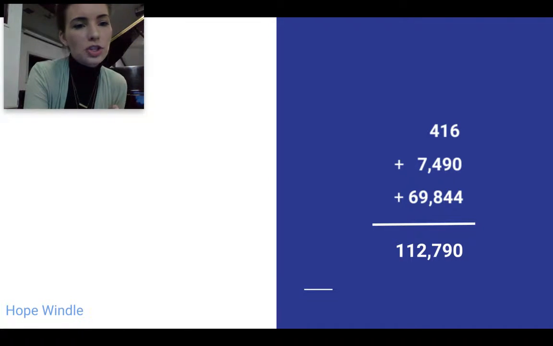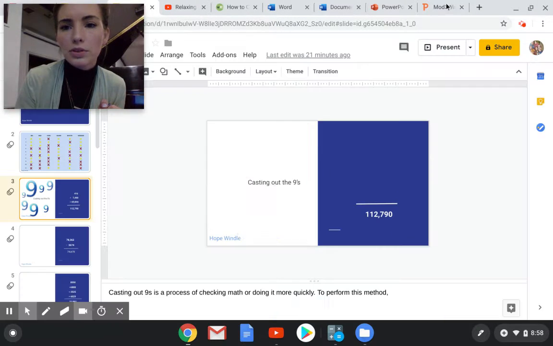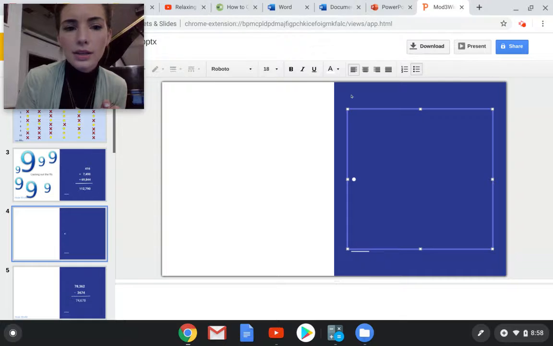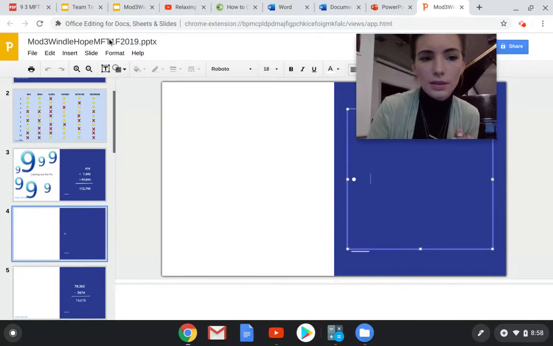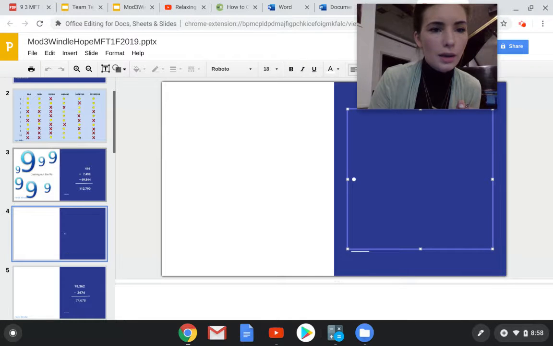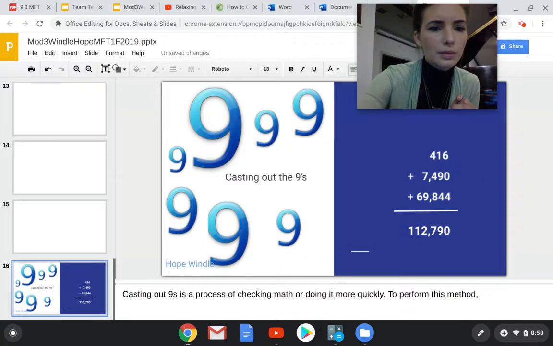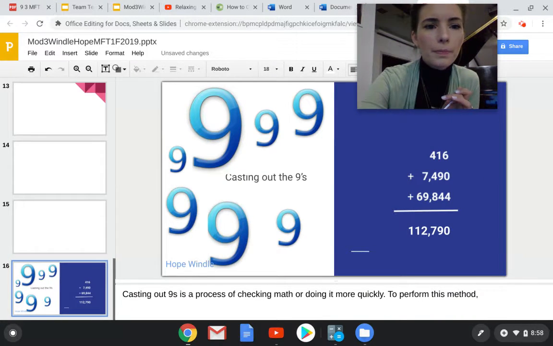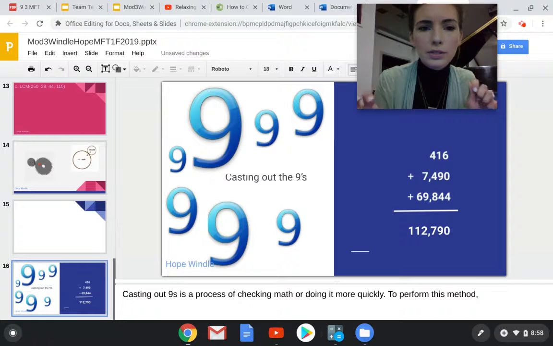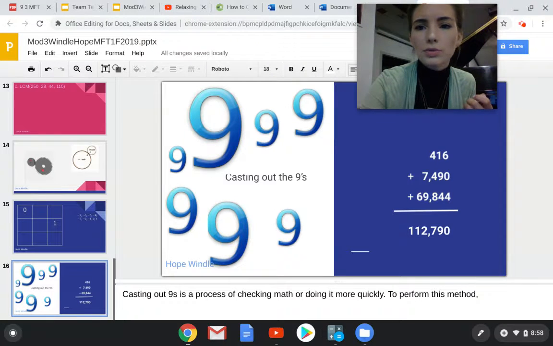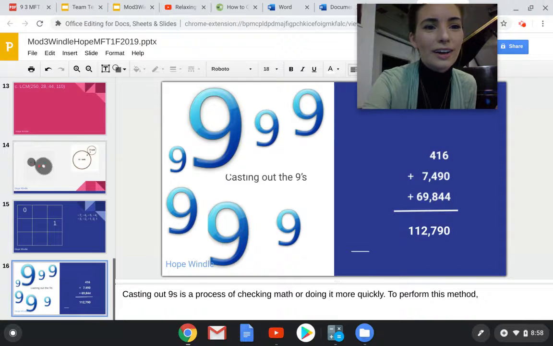Okay, I'm going to try to switch my app just because I want to be able to write on my screen for you guys. So let's see if we can do this. I'm going to try to present it this way. I'm really sorry to be switching back and forth, but please bear with me. I am the type of person that TVs will static and radios will shut off and streetlights go out. I really mess with technology a lot.